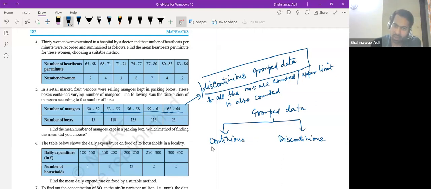In the continuous one, the upper limits are not counted. That is why we call this exclusive data. And in this part, every limit is counted, so upper limits are counted.